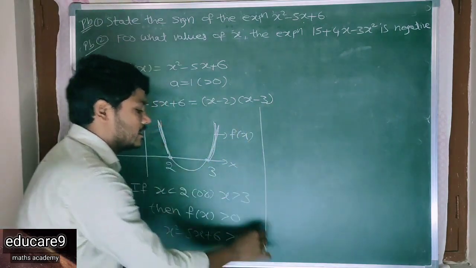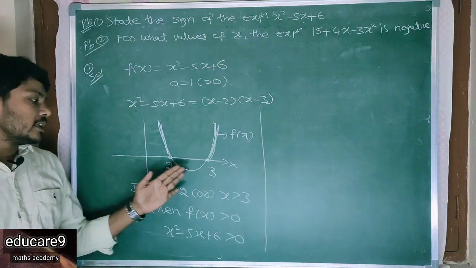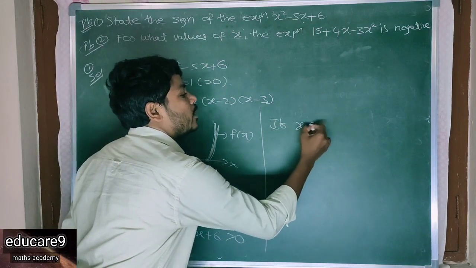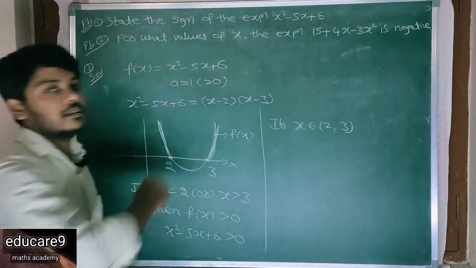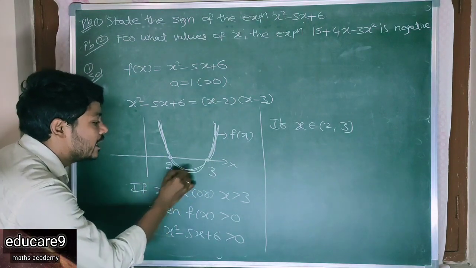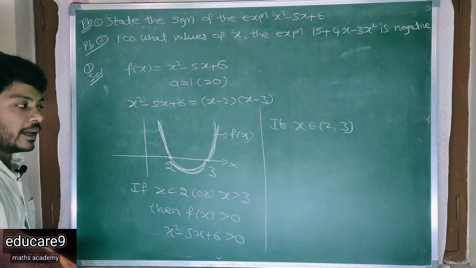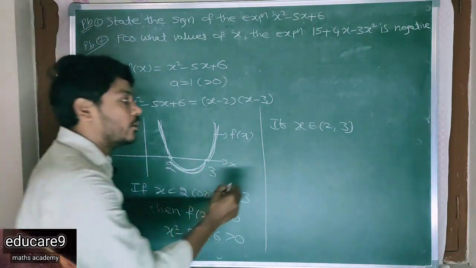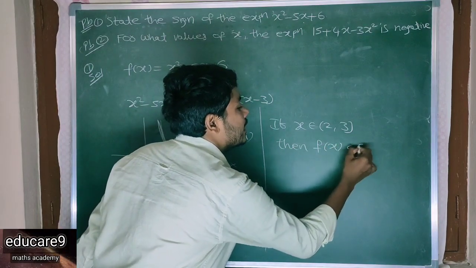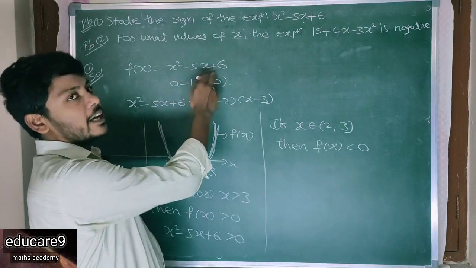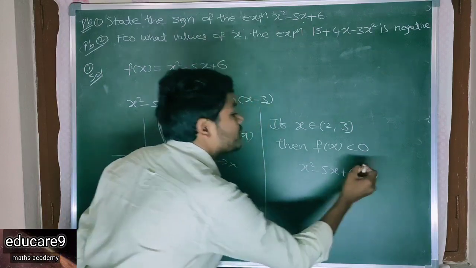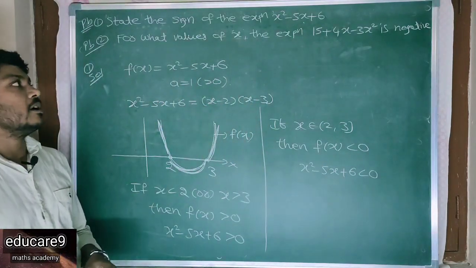And in the second case, if x lies in the interval 2 to 3, if x belongs to (2, 3), in that situation the graph is below the x axis, which means f of x is negative. So x square minus 5x plus 6 is negative. So this is the first problem.